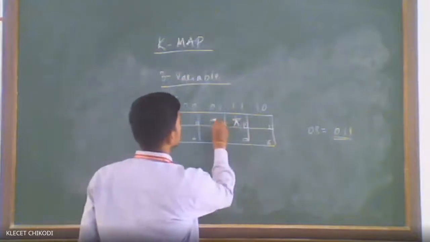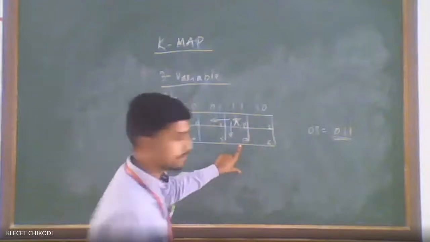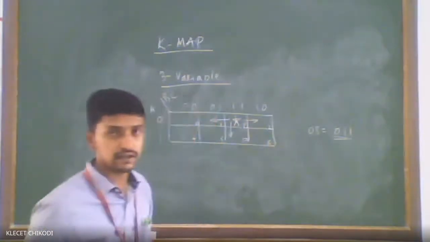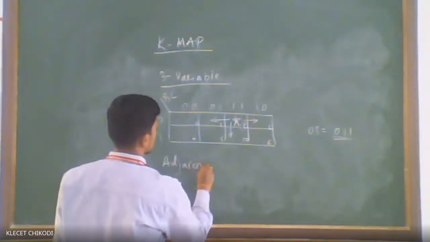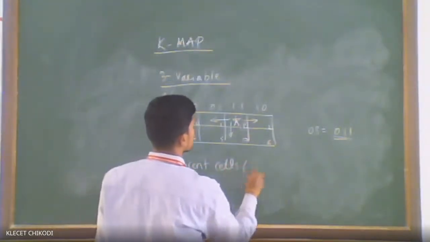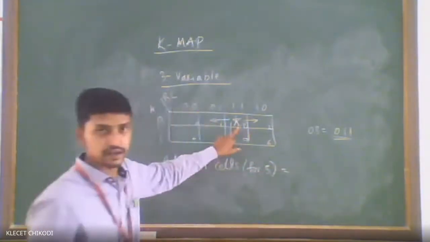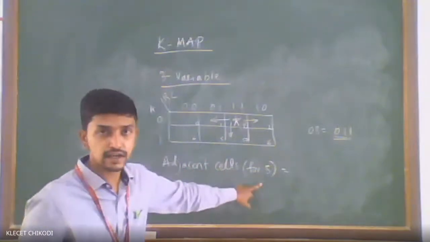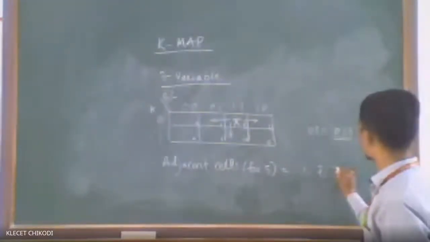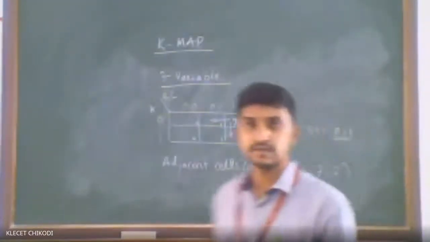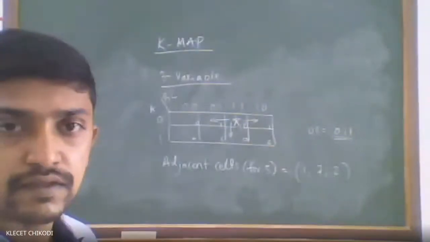It will be the first cell, seventh cell, and second cell. So the adjacent cells for the third cell are first, seventh, and second. Is it clear till now?